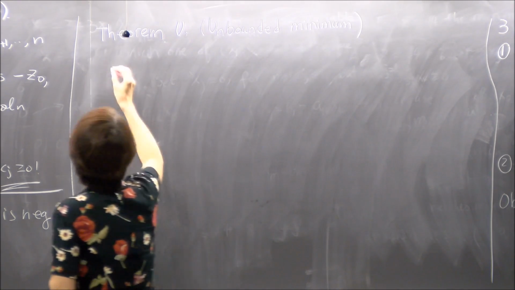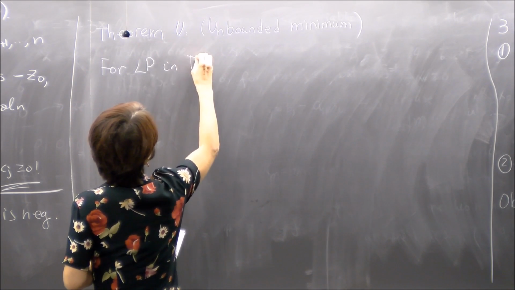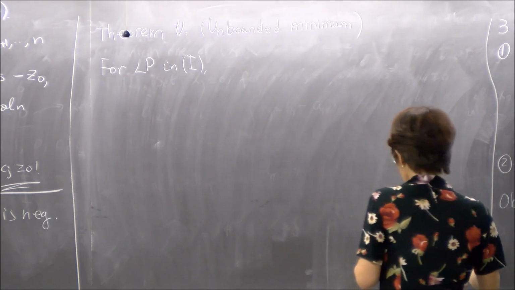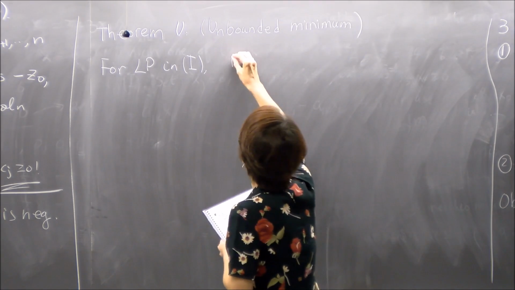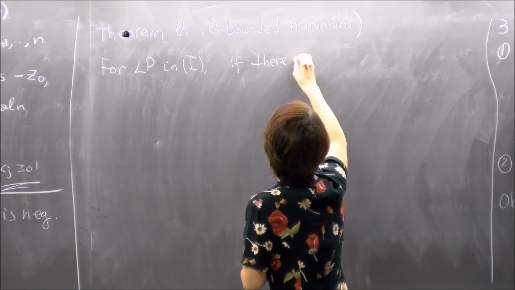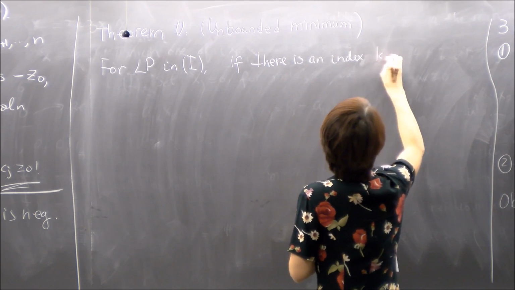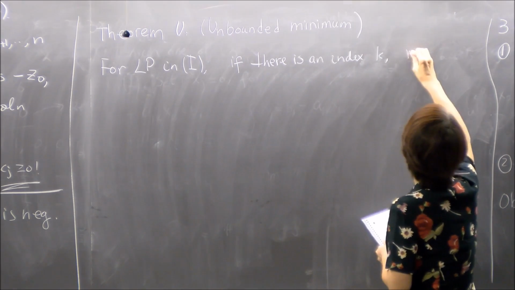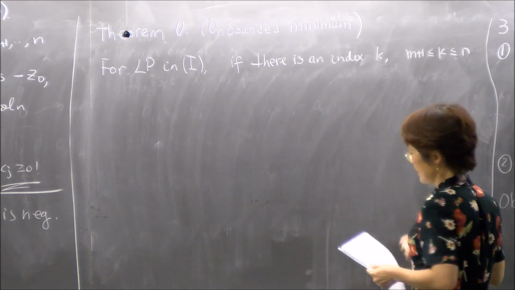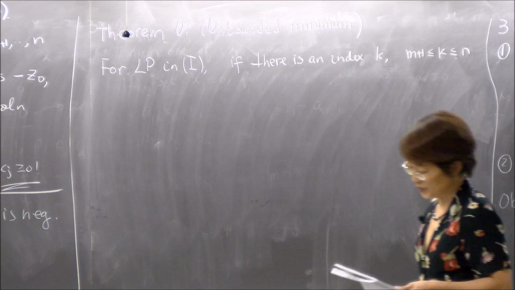Always the canonical form for that one. If I shall be in this situation, so the following. If there is an index, let's call it k, so x_k is a non-basic variable, okay?